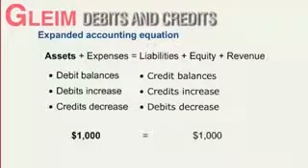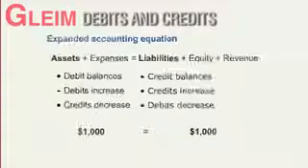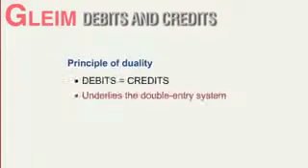Because the computer was purchased with a note payable, which is a liability, $1,000 must be added to liabilities. Since both sides of the accounting equation have now been increased by $1,000, the equation is in balance, and debits equal credits. This balancing, known as the principle of duality, is the essential concept underlying the double entry system.